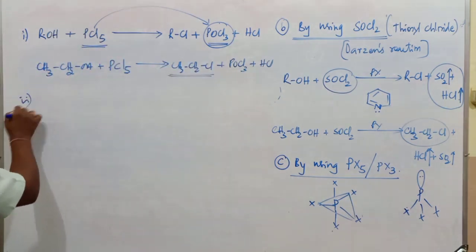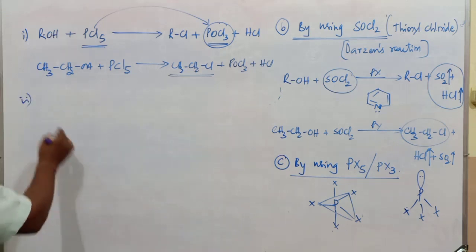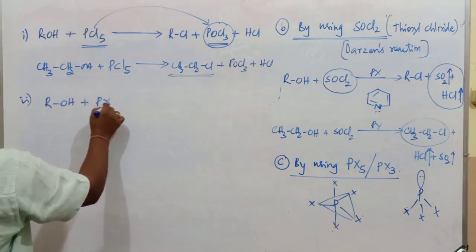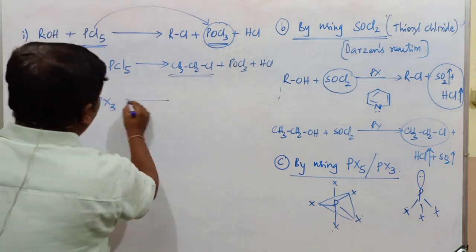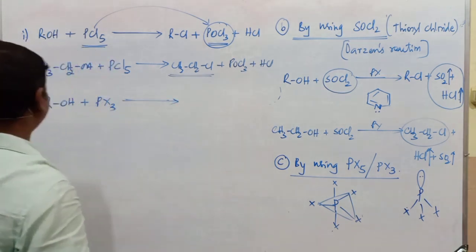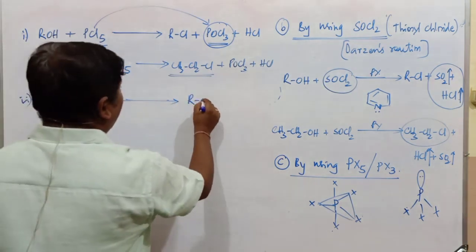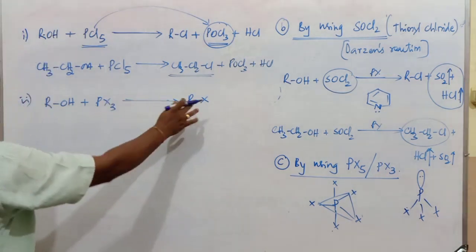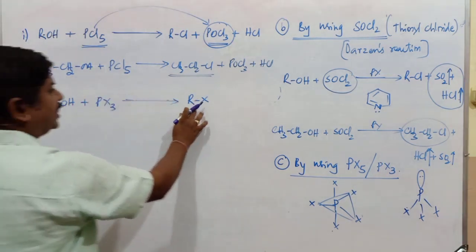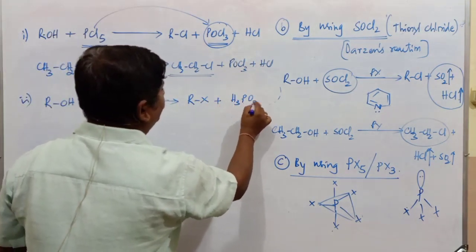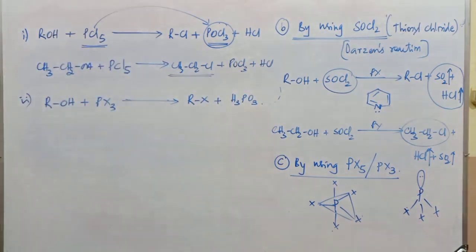Another reagent, PX3, can also be used: ROH plus PX3 gives RX, the same alkyl halide as in the previous case. When PX3 is treated with ROH, there is a formation of RX plus H3PO3, that is phosphorus acid.